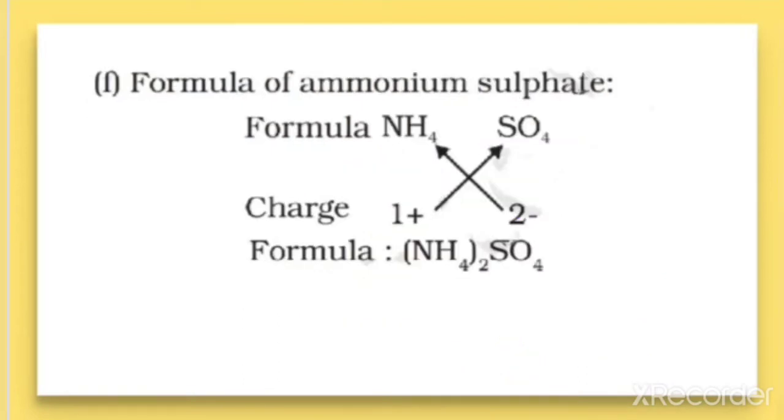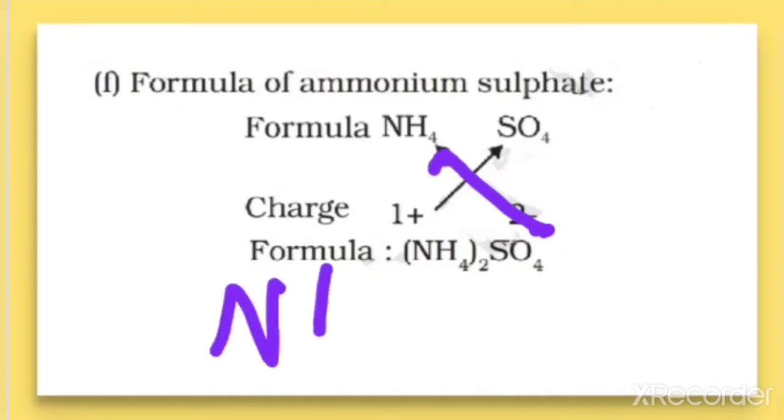Next, ammonium sulfate. The ammonium ion has one positive charge, and the sulfate ion has two negative charges. When you do the crisscross, 2 goes to NH4, that is the ammonium ion.